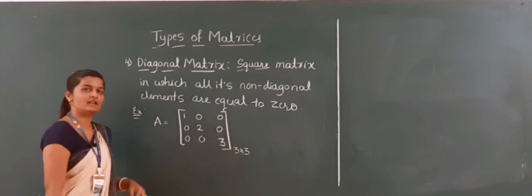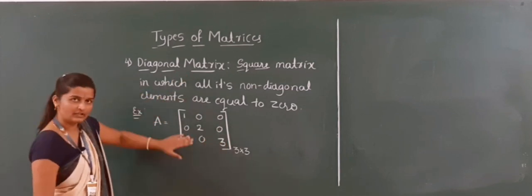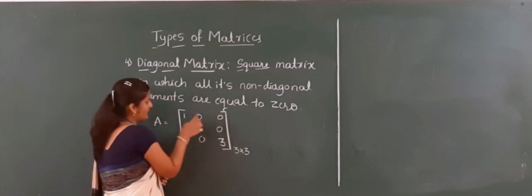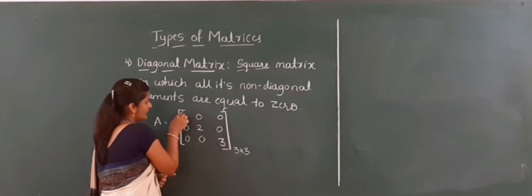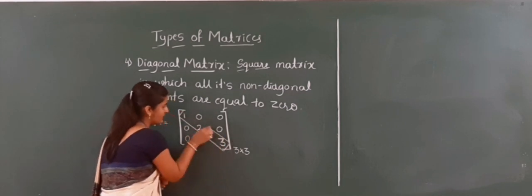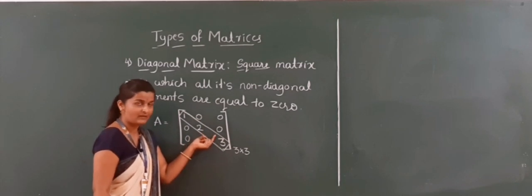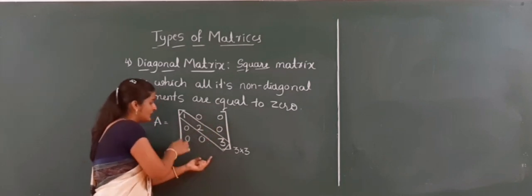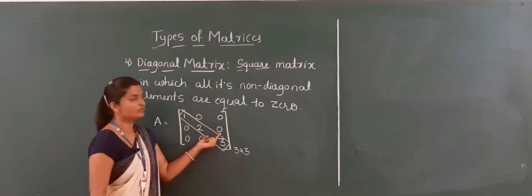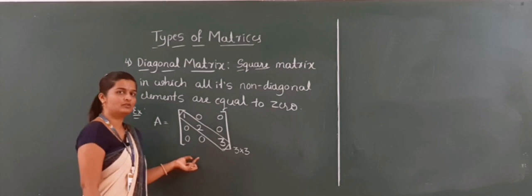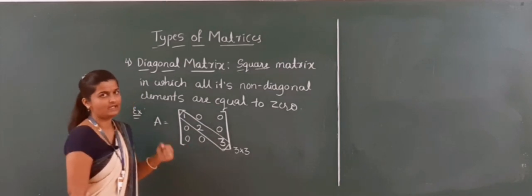Is this a diagonal matrix? Yes. According to the definition, in this square matrix, this is our diagonal. Leaving this, except these diagonal elements, all the non-diagonal elements are equal to 0. So this is a diagonal matrix.